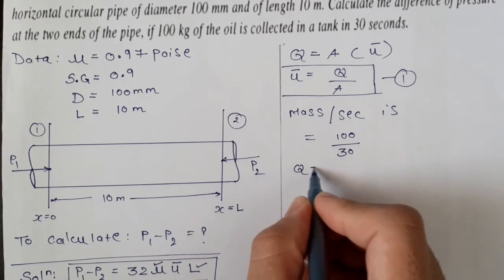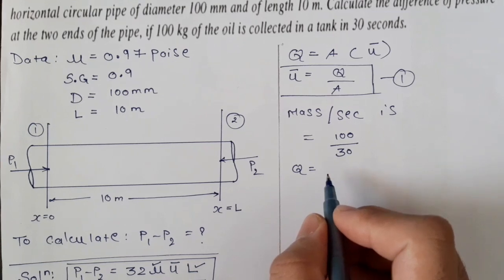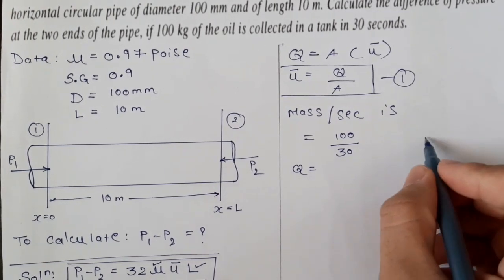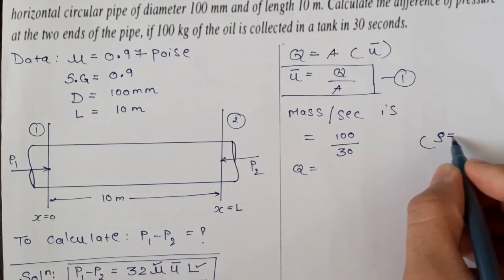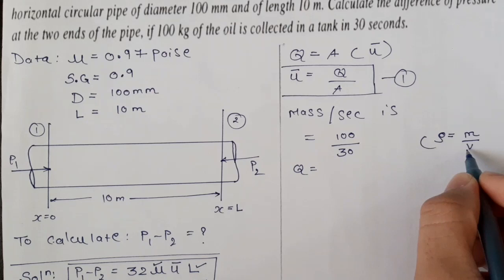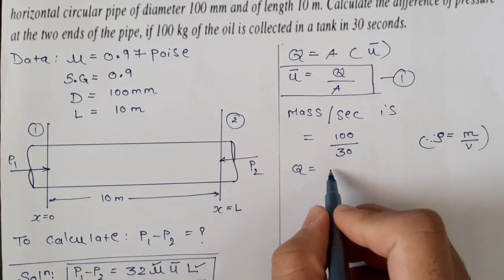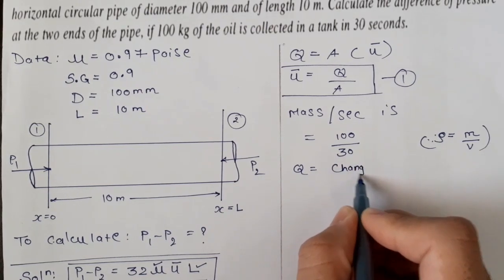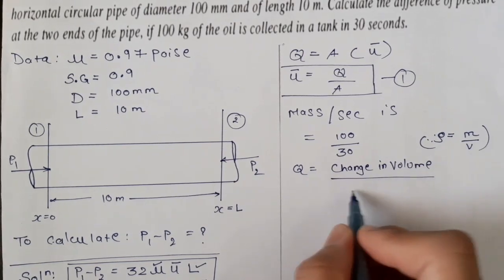Now we know that Q, discharge, is equals to rate of change of volume with respect to time. So volume is equals to what? Mass density is equals to mass upon volume. So volume equals to mass by density. So I will write here change in volume with respect to time.